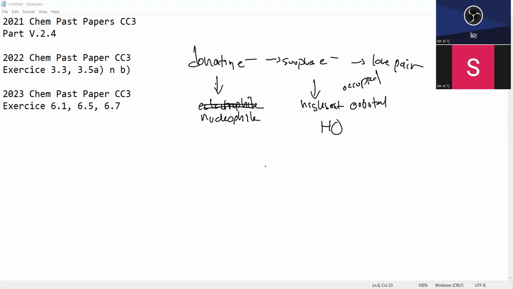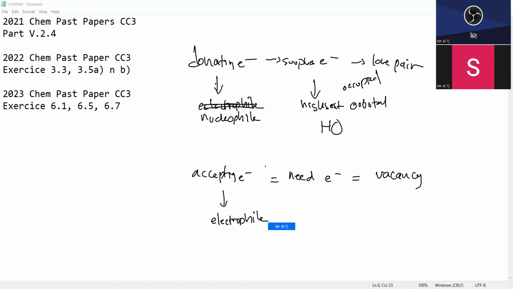How about the one who's accepting electrons? You are accepting because you need electrons. It's because you have some vacancy. You're accepting electrons because you are positive. This is the electrophile. You love electrons because you have the vacancy.